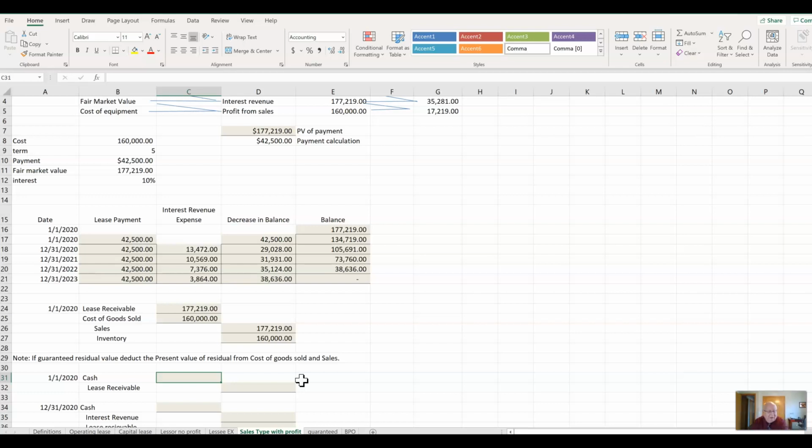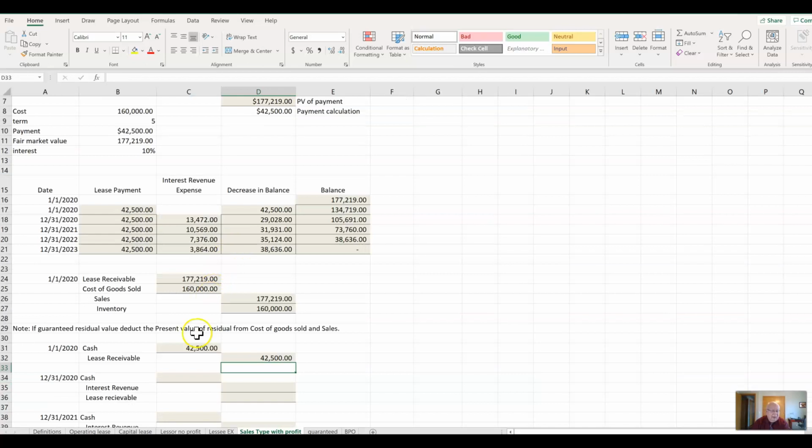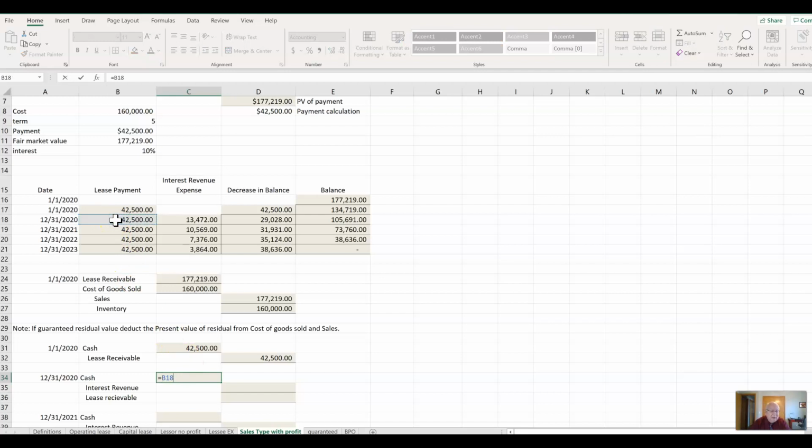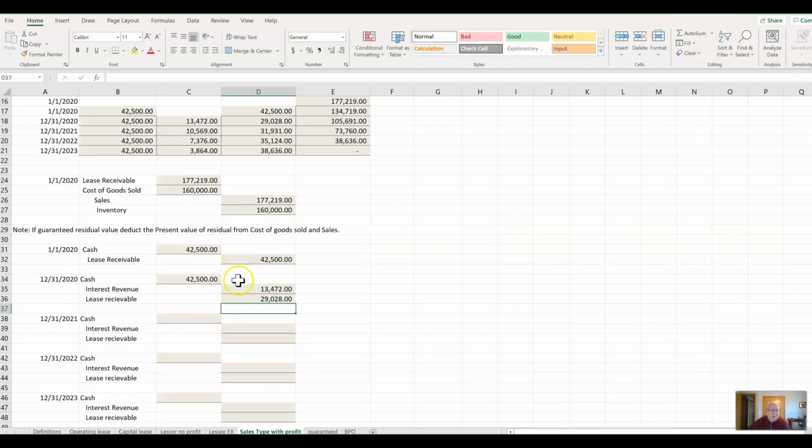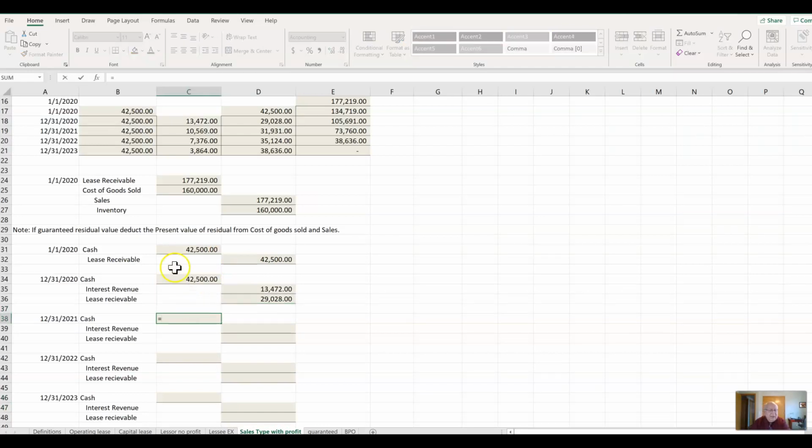Okay, so what we have here then is cash of the $42,500 and the lease receivable is $42,500. And then for the first one, of course, the cash is $42,500. Interest revenue is $13,472, and lease receivable will be $29,028. And then you just keep going down. The cash is $42,500.